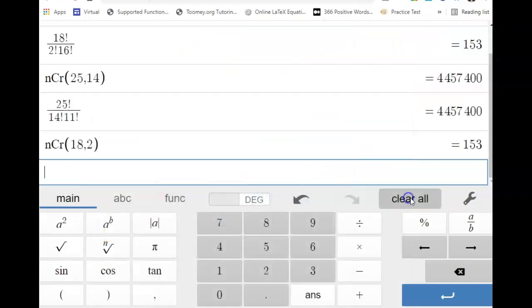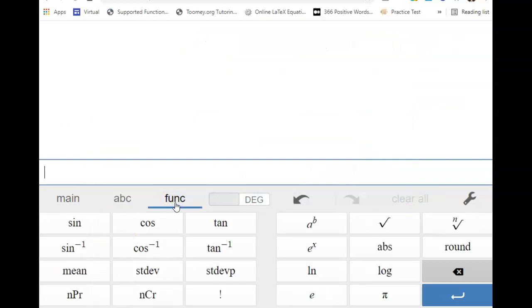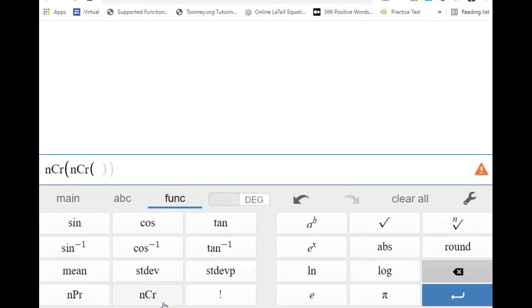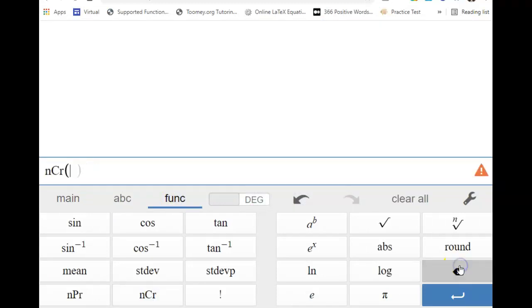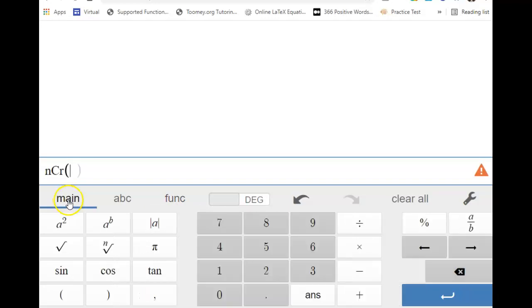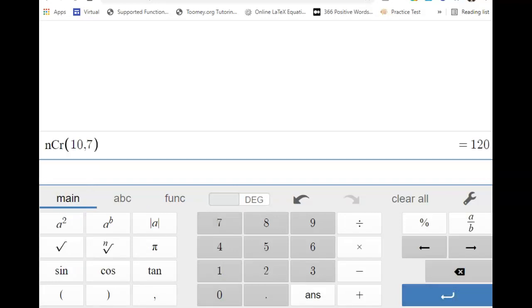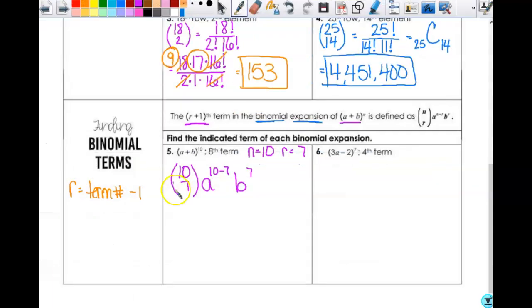I'm going to clear all this off. I think the easiest way probably here is one of them. So I would have 10, 7. So that's 120. So that means that my coefficient is going to be 120, and then I have a to the 3rd, b to the 7th.